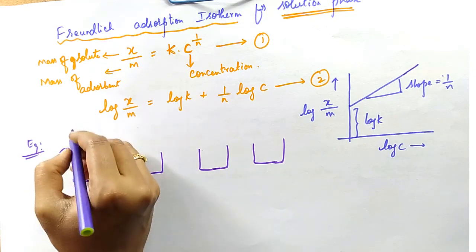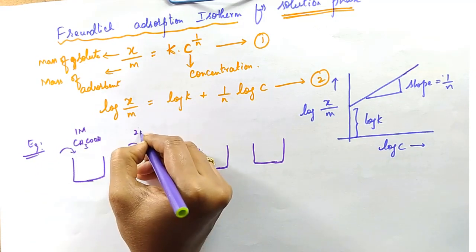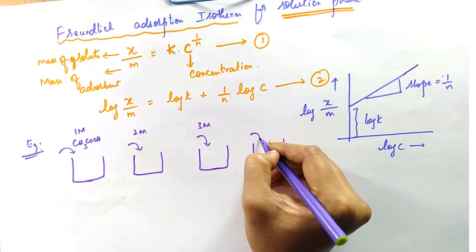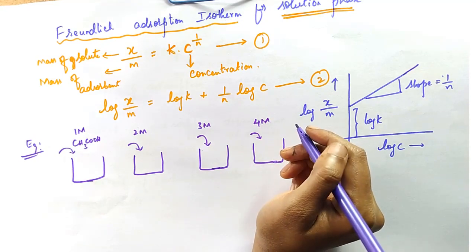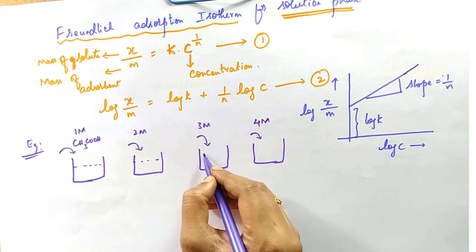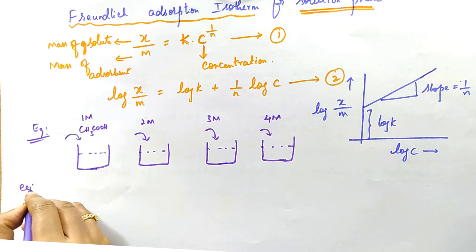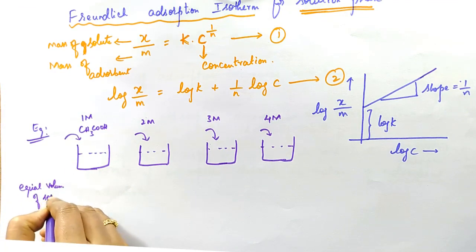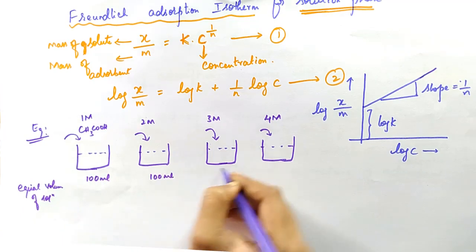In the first beaker, I am taking 1 molar acetic acid. In the second beaker, 2 molar acetic acid. In the third beaker, 3 molar. And in the fourth beaker, 4 molar. I am changing the concentration of acetic acid, with equal volume of solution in all the beakers. That is, let us take 100 ml of acetic acid in all the beakers.